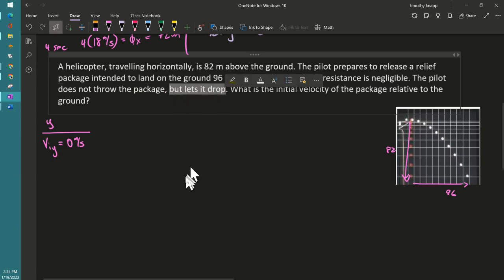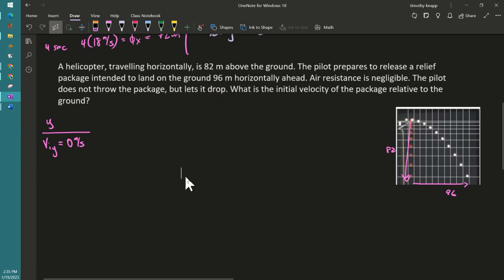So when you see lets it drop or drops or falls, something like that, this is an indication that the person who wrote the question is wanting you to make the assumption that the initial y velocity is 0, meaning it has no vertical speed at the very beginning of the question. But then as soon as you let it drop, it starts to gain downward vertical speed. But we'll calculate all that as things unfold.